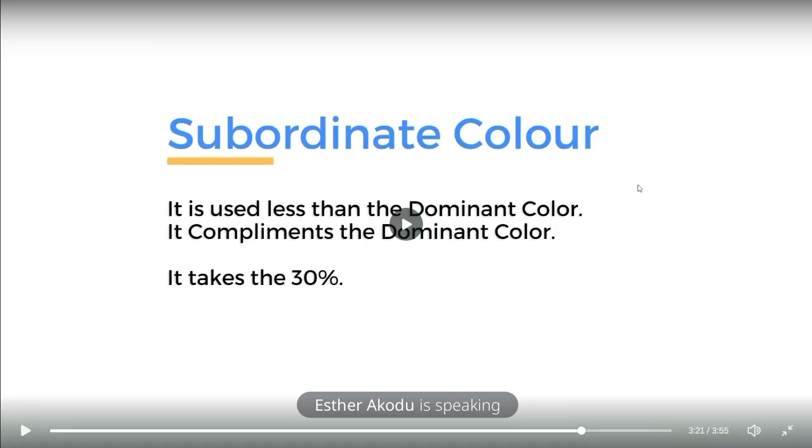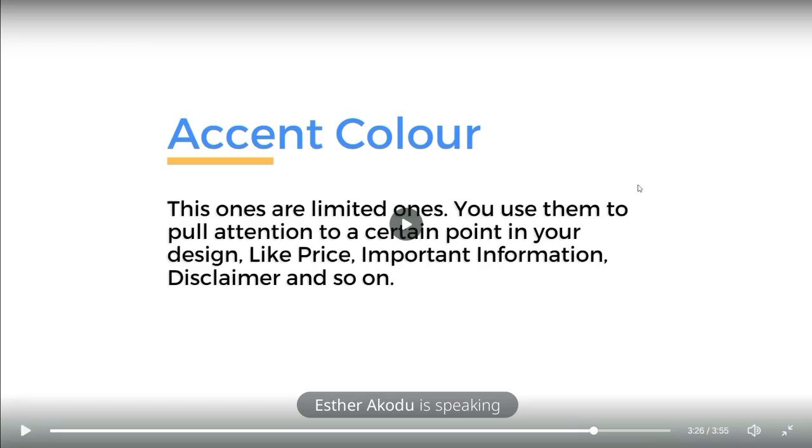We often use it less than the dominant color. For the subordinate color, you tend to make it 30% of your design, so it doesn't take up much, just some parts of your design.